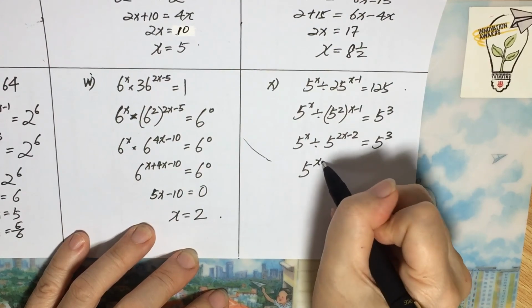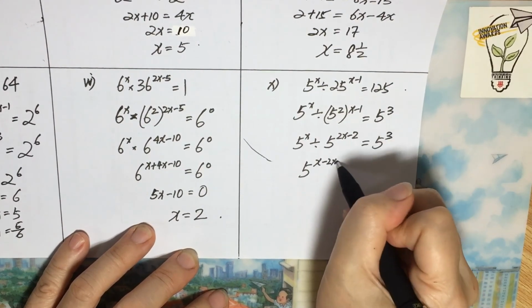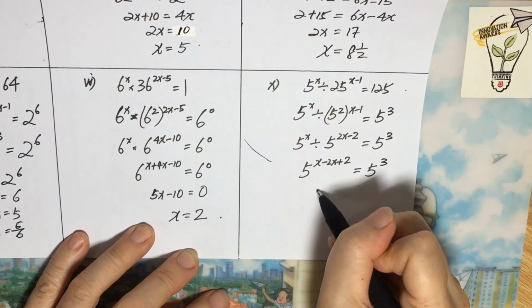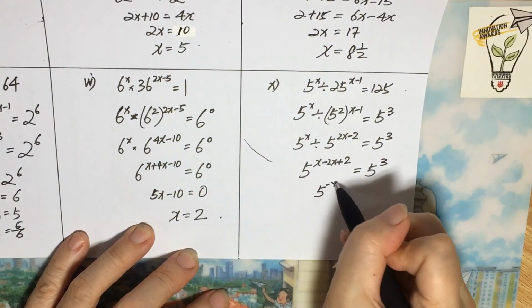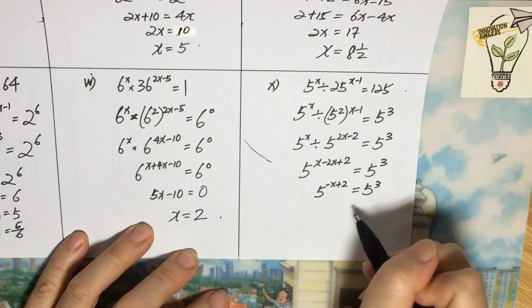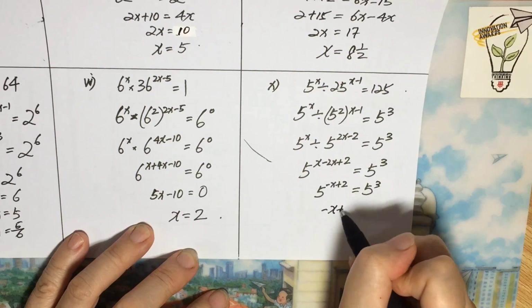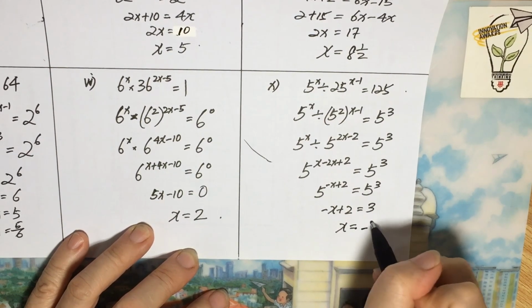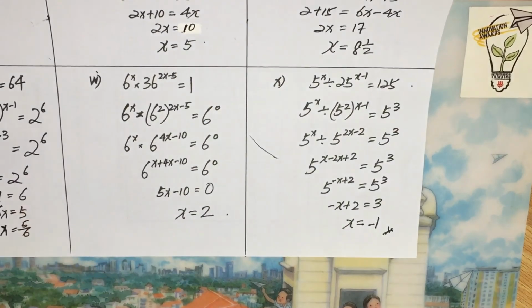So x minus 2x minus negative means plus, equals 5 raised to the power of 3. So you have 5 raised to the power of negative x plus 2 equals 5 power 3. So therefore, we have negative x plus 2 equals 3. So x is actually negative 1. Okay, done.